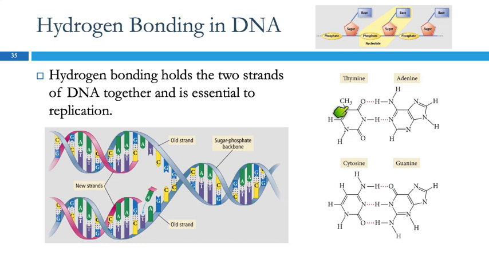And these are the different bases that are present in DNA. There's thymine and adenine, cytosine and guanine. Thymine and adenine will always pair together because they can form 2 hydrogen bonds with each other. Cytosine and guanine can form 3 hydrogen bonds with each other. And so they're just like super attracted to each other and they just go click and they stick together.